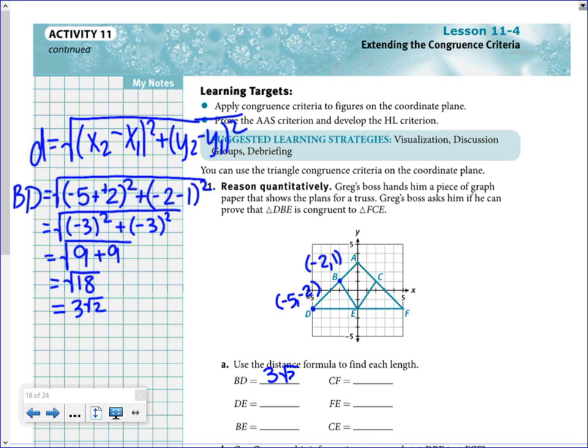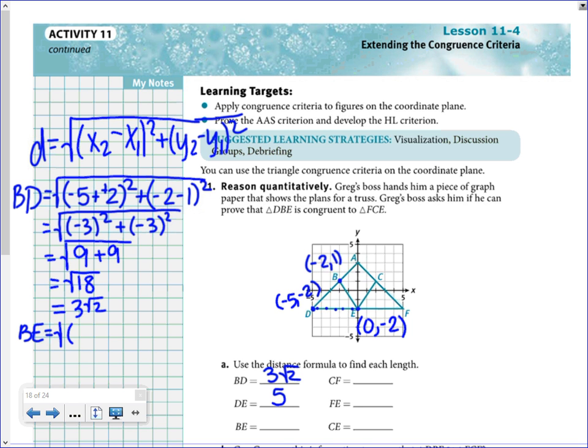So that's one side. For DE, you could use the distance formula, although it is unnecessary because it's a horizontal line. You can simply count to get 5 for that side. For BE, we already know what the point of B is, so now we need to know the side down to E, which is at 0, -2, and that'll allow us to find that side length.